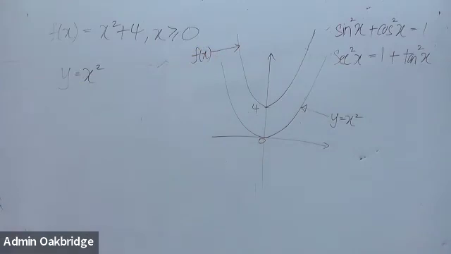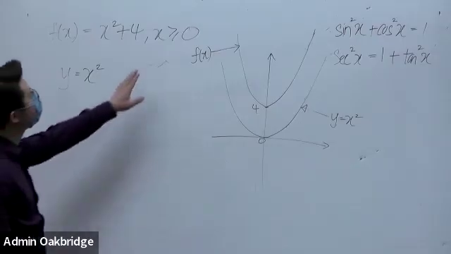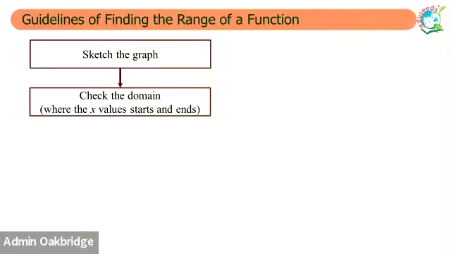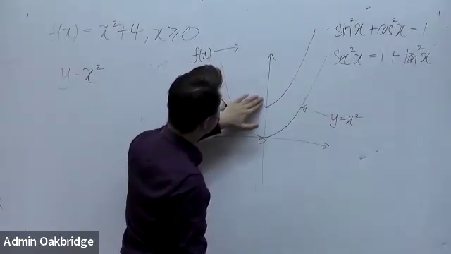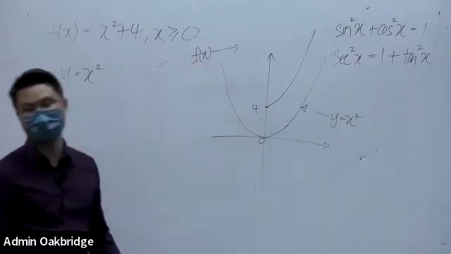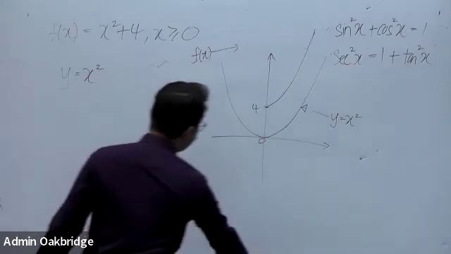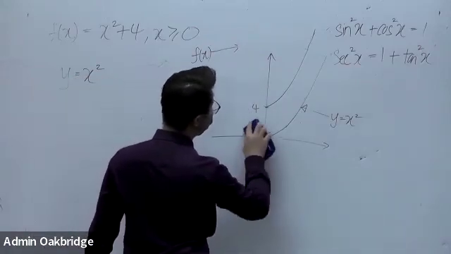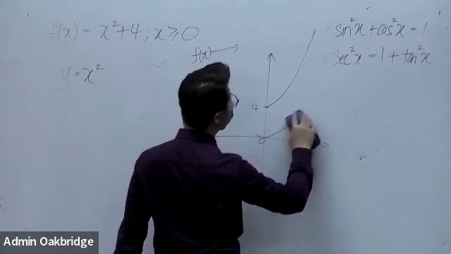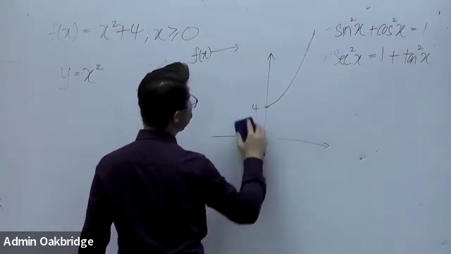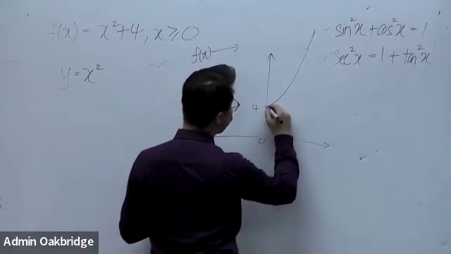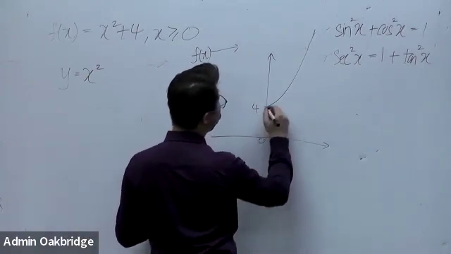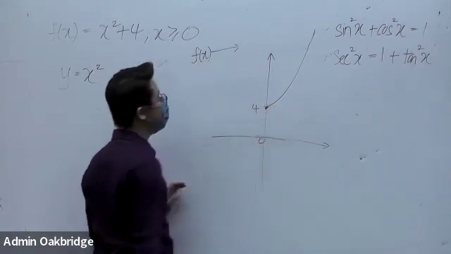And then, the second step, check the domain. Where it starts, where it ends. It starts from 0: x more than or equal to 0. So we don't want the left part here, and the rest of this also we don't want. This is the endpoint, the starting point, so I draw a dot here.